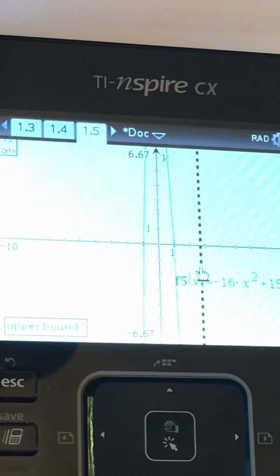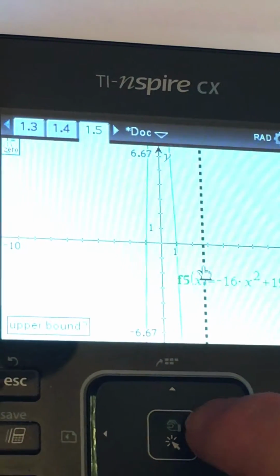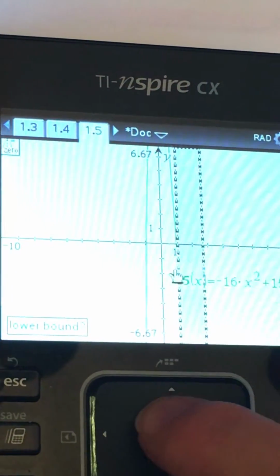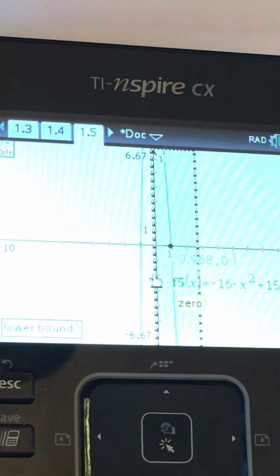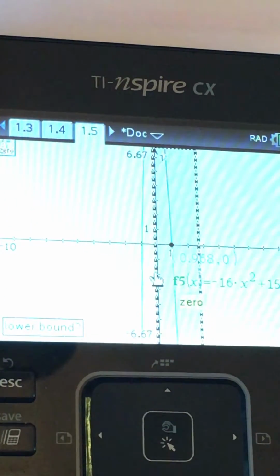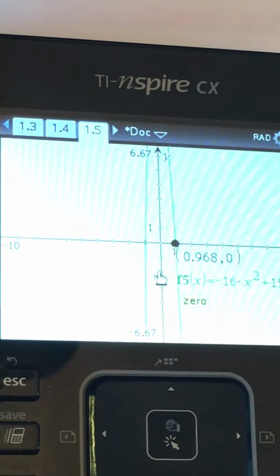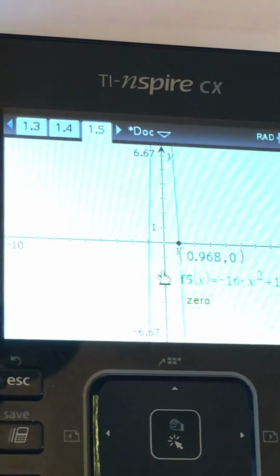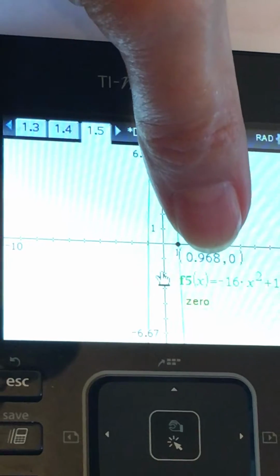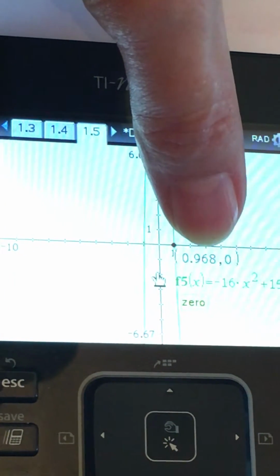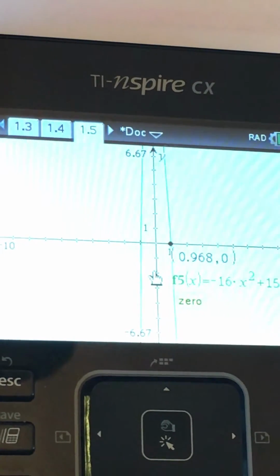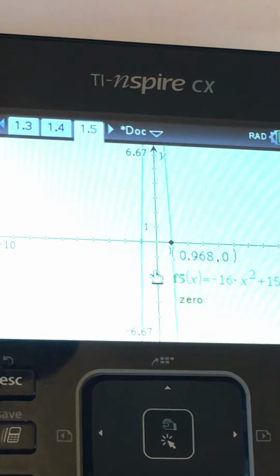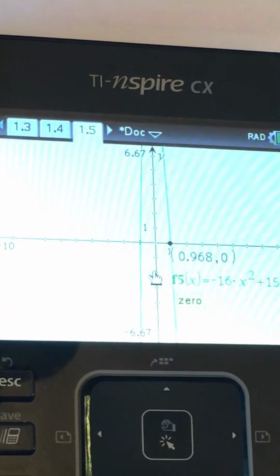Push Enter, and then slide it in, and a coordinate point shows up. I hope you can see that on the screen. All right, so we find that we have a 0. We have our x-intercept at almost 1, and we can now write that down onto our paper.